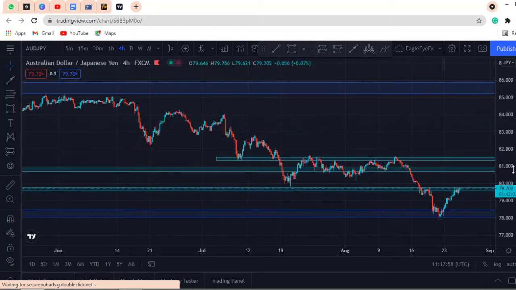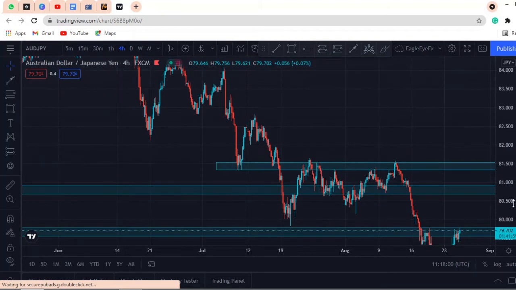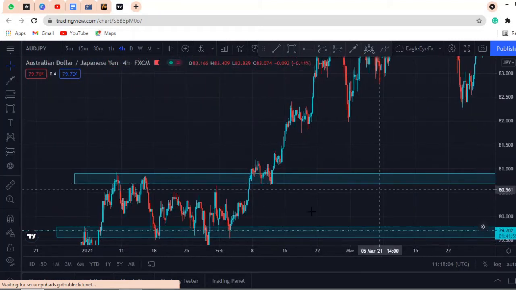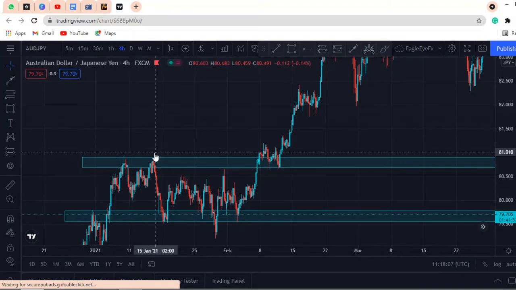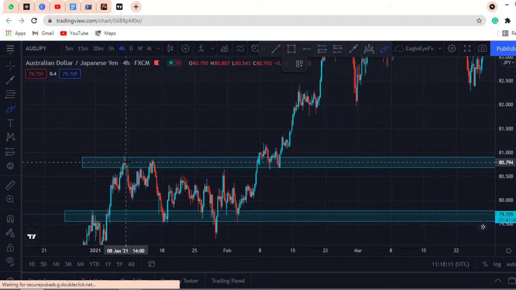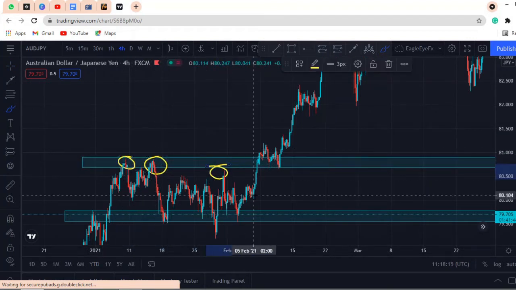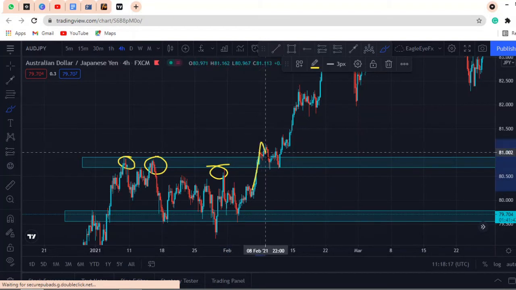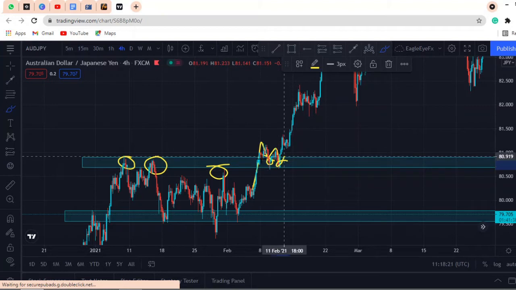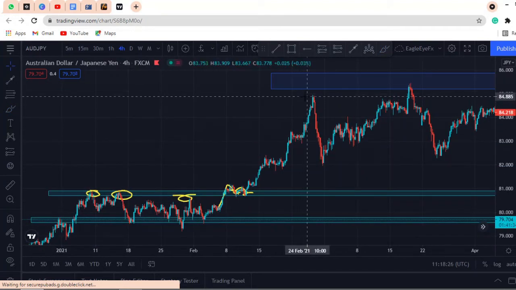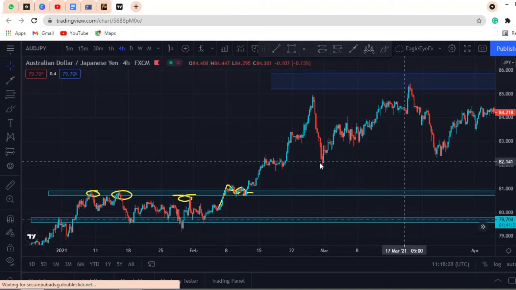Yeah, okay. So the reason why I've drawn this level here is because you see that this market was ranging here, rejection here. I see the market was rejected here, the market was rejected here, and here also before it found momentum to break and then find support, came to do a retest and then formed a double bottom before it was able to push all the way to this zone over here.